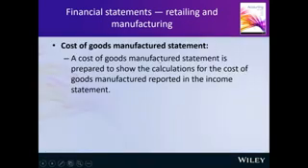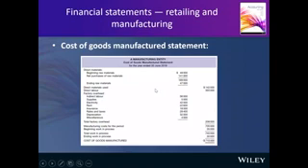So the cost of good manufactured statement is prepared to show the calculation of the cost of good manufactured reported in the income statement. So this is the detail. I did explain to you all that we start with direct material, then we have direct labor and factory overhead.